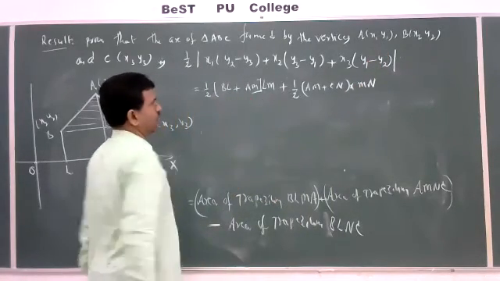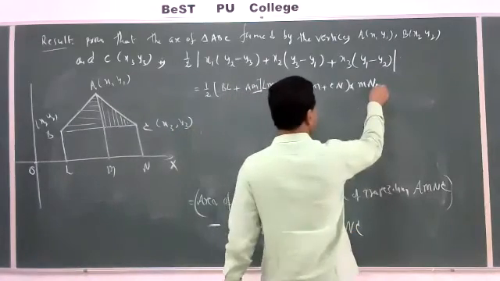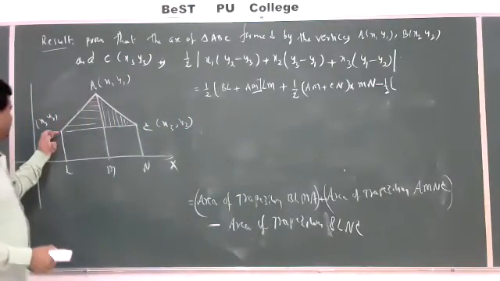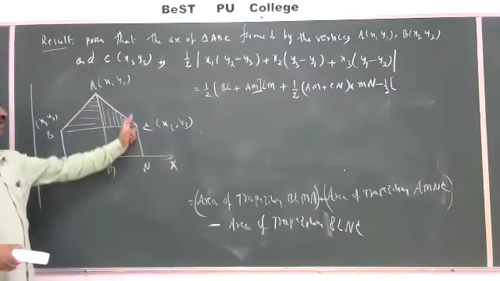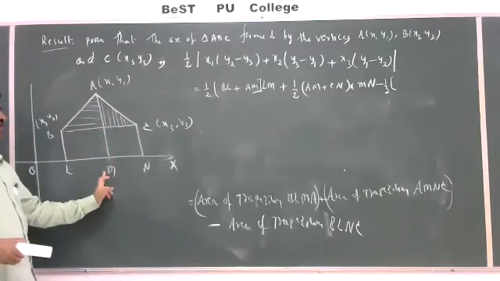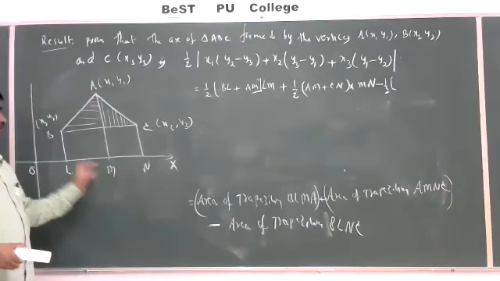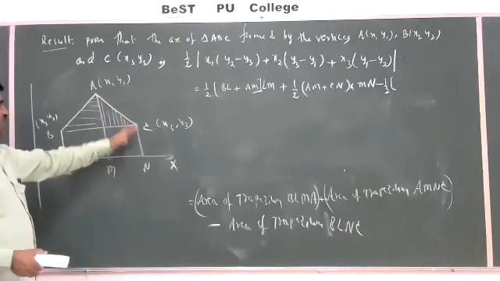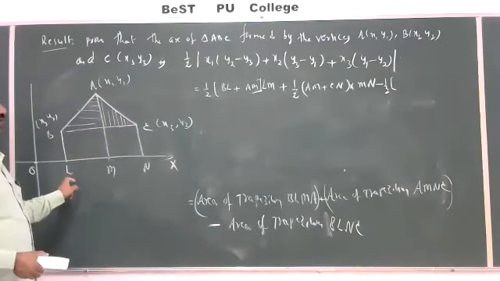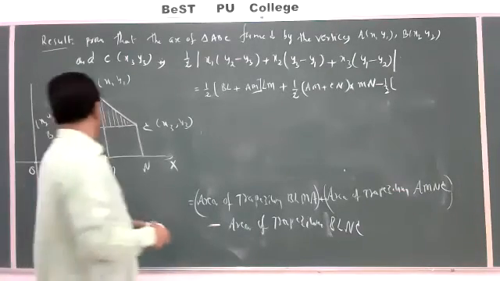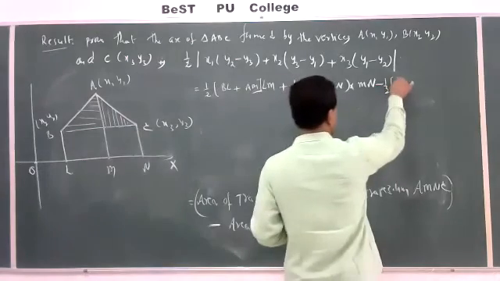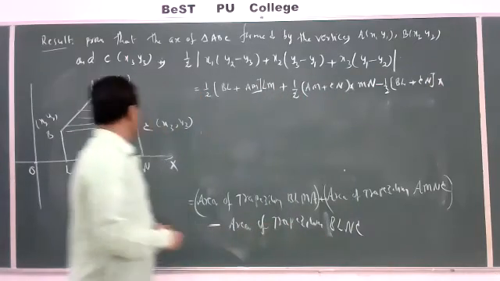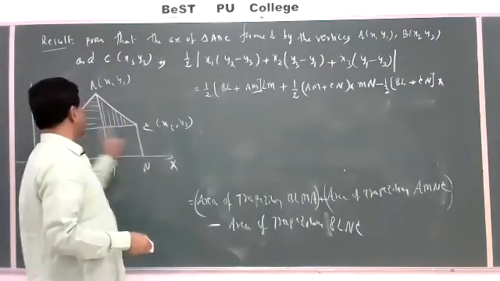Minus the area of the trapezium BLNC, 1 by 2 into BL plus CN. BL is parallel to CN, and the distance between these two is LN, not BC, LN it is.